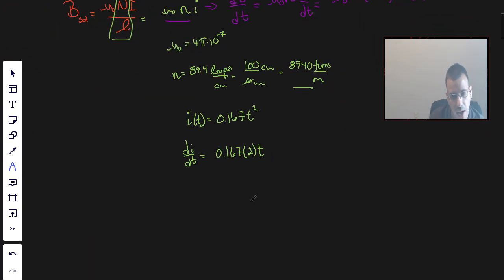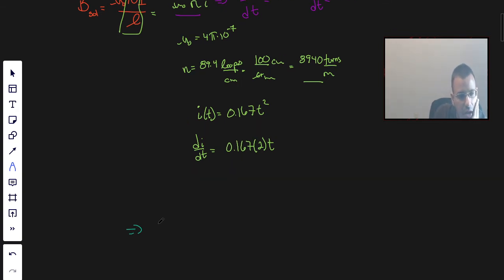So I'm going to say, this is going to be a little sidebar over here. We're going to have I of t equals 0.167 t squared equals 3.2, because they give us 3.2 amps. Therefore, t squared is 3.2 over 1.67.